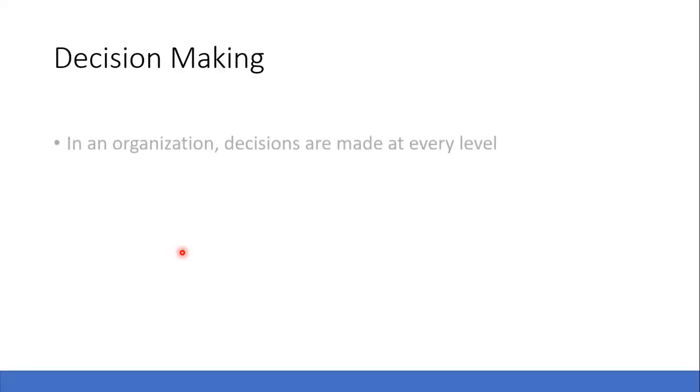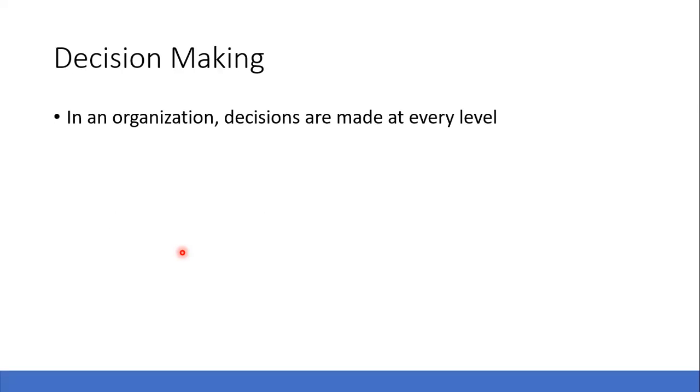Right, decision making. In an organization, decisions are made at every level. Everyone can have a decision making process. We'll take the most basic organization in the world, our family.